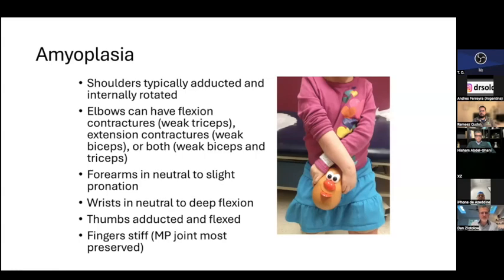Forearms are in neutral to slight pronation, wrists in neutral to deep flexion, and thumbs adducted and flexed. The fingers can be stiff, and the MP joint is usually the most preserved. So this is the picture you get. They have cute button noses and particular facies as well.